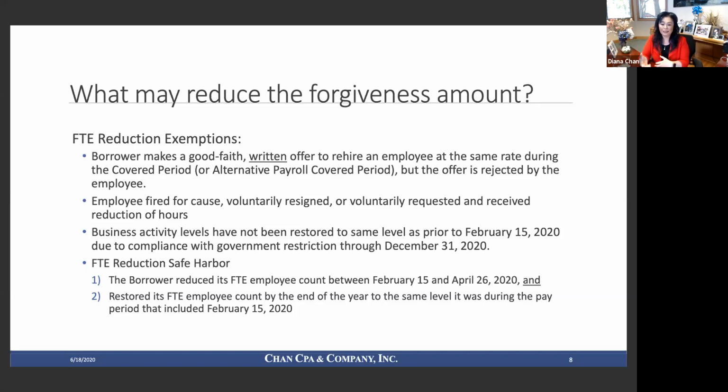What do I do? As well as you can document this, and we recommend documenting this in writing, that the employee was offered the position back and the employee refused or rejected the offer back, that can help to reduce the reduction of the exemption. So essentially, that can keep your forgiveness amount from being reduced by what the reduction might have occurred on.